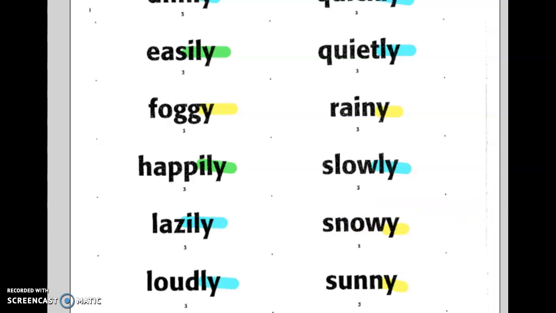Third graders, you are going to complete the other two similar pages in your packet the same way. You are going to highlight words with the suffix y at the end with your yellow highlighter. You're going to highlight words with the suffix ly with your blue highlighter and highlight words that have the suffix ily added to the end of them with your green highlighter.